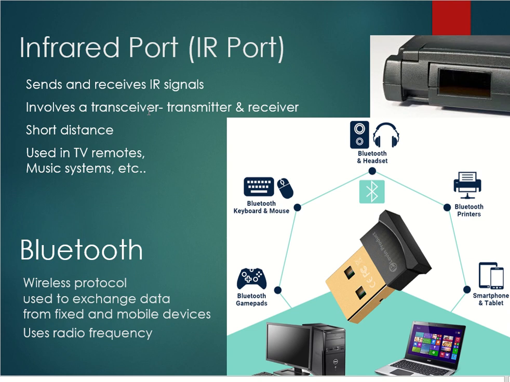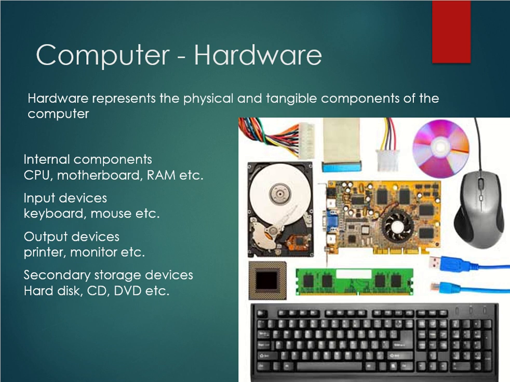That means it's not connected with a cable, but you can't leave a huge gap between the computer and that particular device. It should be within 5 meters. And those are the computer hardware or physical devices that we need to assemble or build a computer.